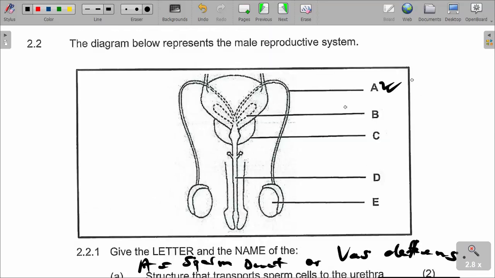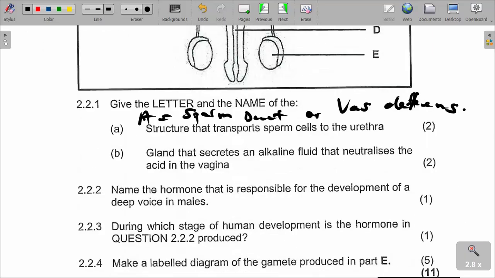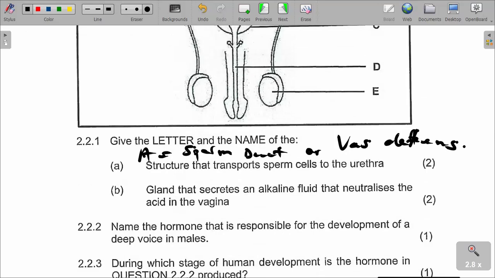The sperm duct, or vas deferens, carries the sperm cells from the testicles to the urethra. Next, the gland that secretes an alkaline fluid that neutralizes the acidity in the vagina is the prostate gland.